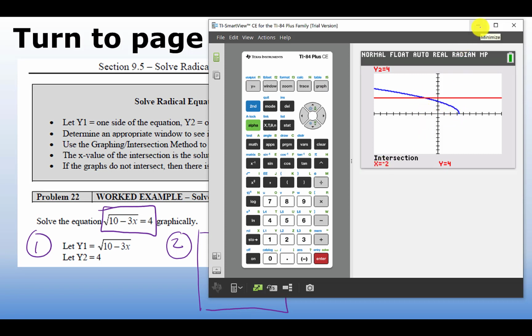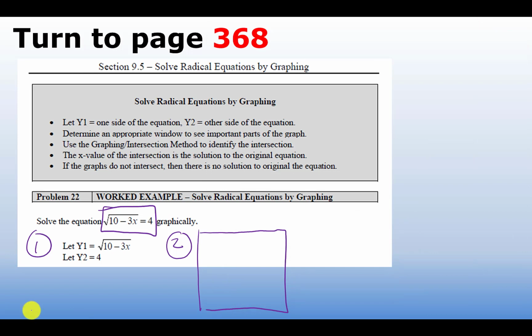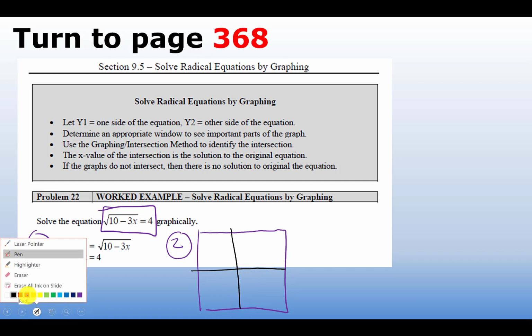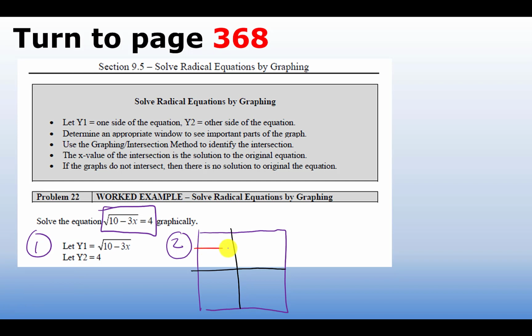For our sketch, we got the axes coming in, and we had the red line coming across like that. The square root graph was right around here, and it kept growing up and crossed there. And that intersection point, I'd like you to label it so I know what you're thinking of, is -2, 4.